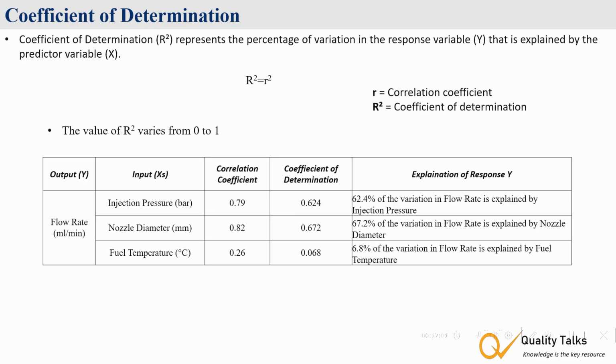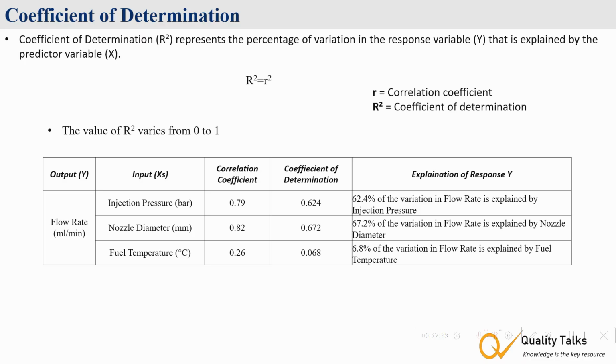The value of coefficient of determination R square varies from 0 to 1. In our case, we have already calculated the correlation coefficient, so coefficient of determination we will directly get by squaring it. Coefficient of determination for injection pressure is 0.624. That means 62.4% of variation in flow rate is explained by injection pressure.